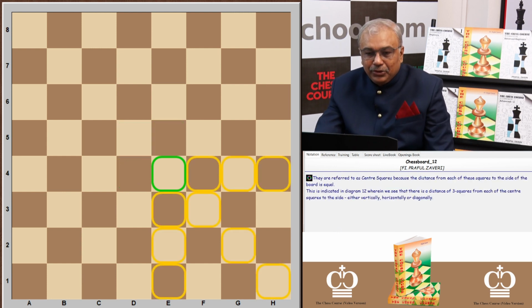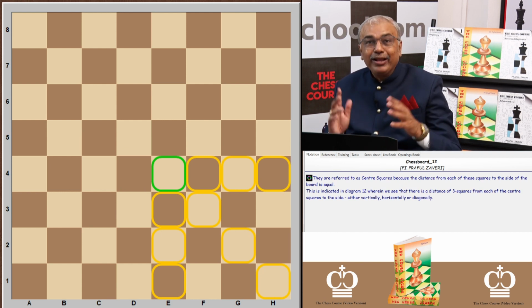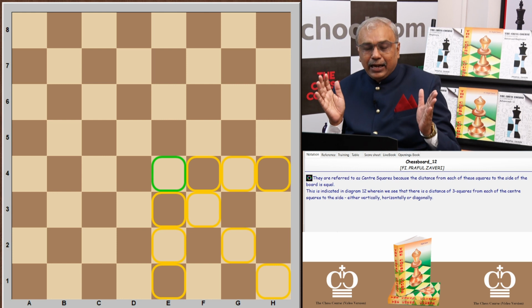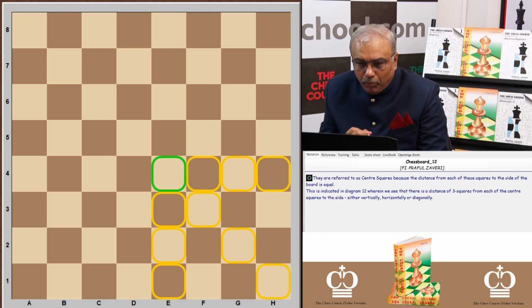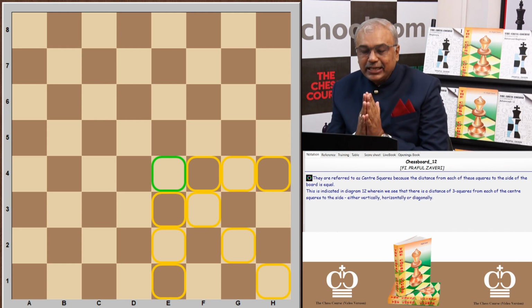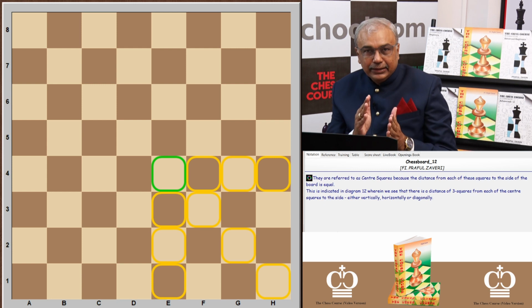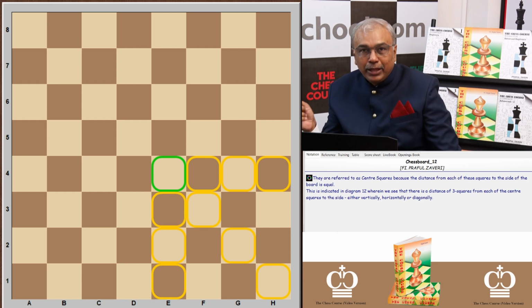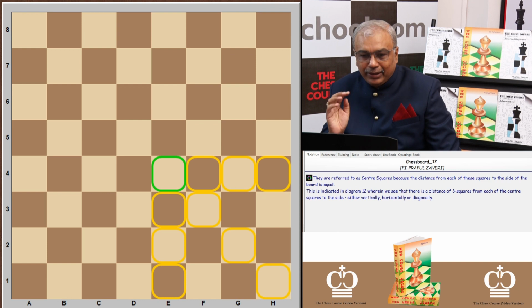And then comes the question as to why they are called center squares. How can we determine that they are situated exactly in the middle of the board? Well, because if we measure the distance from any of these central squares to the edge of the board, then the distance is equal. It is 3 squares, either vertically, horizontally or diagonally.